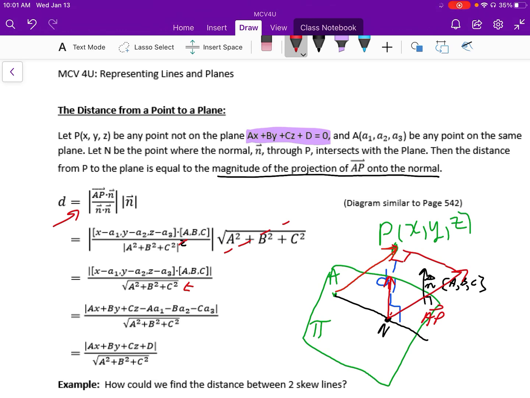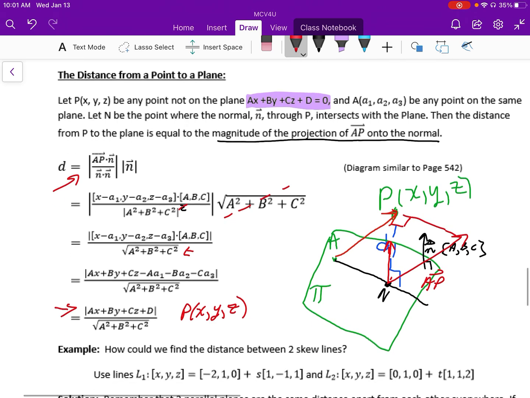The top portion is again very similar. What you do is you have the equation of the plane, however your XYZ is actually the point XYZ that you substitute in. Okay? So you have everything there.